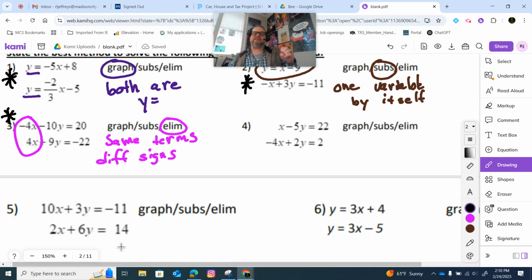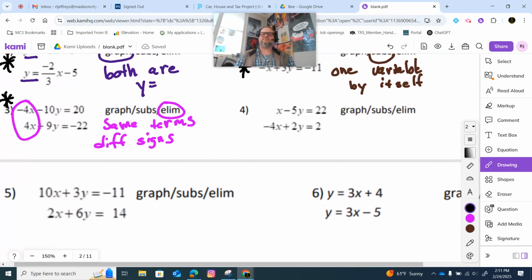We would not see something like number 4, where we would have to circle one of these and explain why. Is there an obvious answer for number 4? No. So many people are going to say substitution because you could solve for x and then plug in.